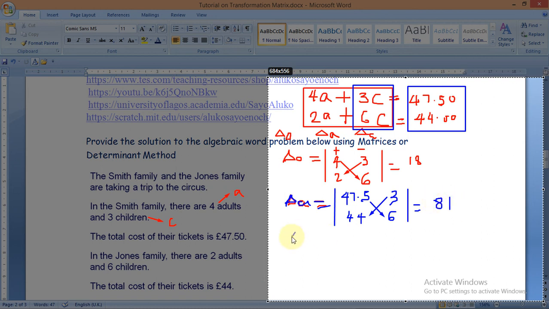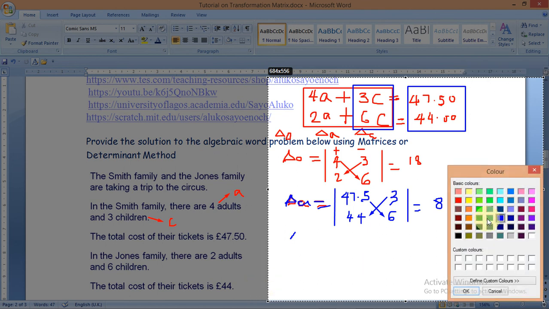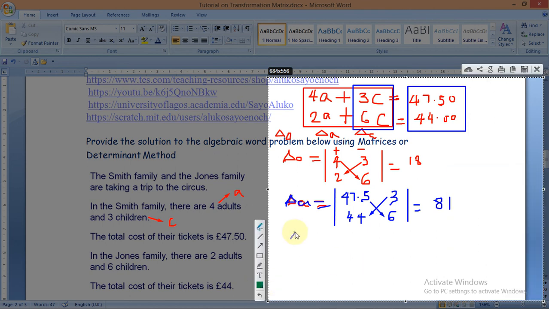Then finally, can I use another color now? I'm happy that we complete this task. Okay, so this one is delta C now. This time around, I should exclude the C coefficient, so I'll go with A, starting with A since A is the first column.